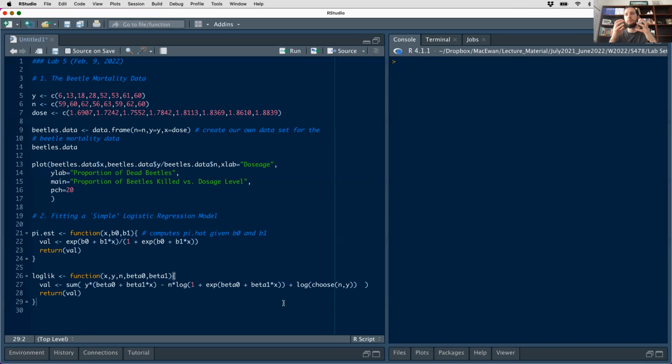And this helps us to understand what value we should be looking for when we are comparing the different values across different models. Okay, so this here is going to compute the log likelihood given B0 and B1. You'll see also that this includes Y, X, and little n, which are constants from the data set. So not values that are going to change, but still required to get the computation.